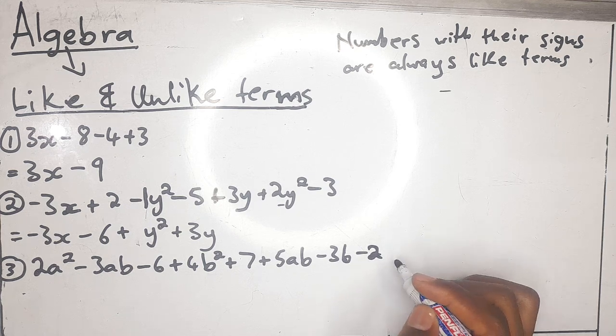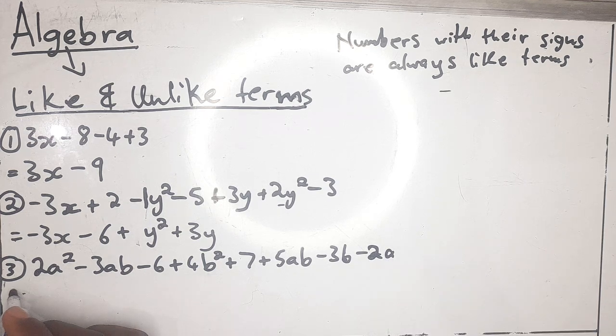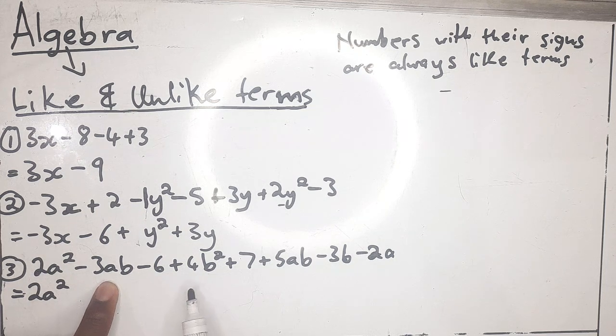Then 2a squared. Any term that ends with a squared? No, so it will remain 2a squared. Then the second term ends with ab. Any term here that ends with ab? Yes, this one. So these two terms are like terms.